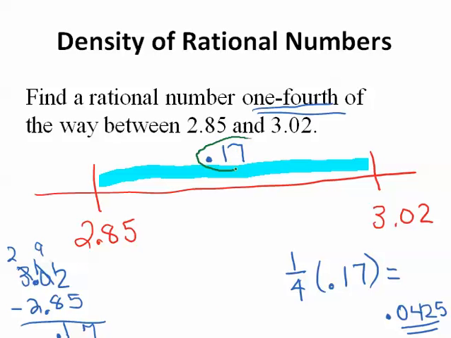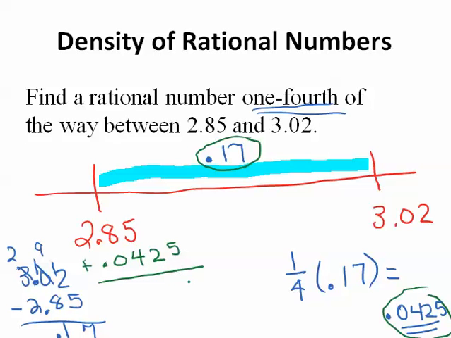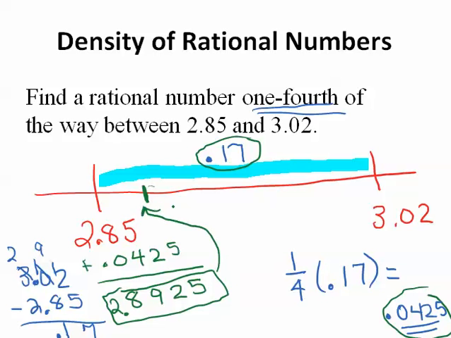The total distance is this. This is 1/4 of the distance. So we have to add that to here, and that will find us the number that is 1/4 of the way. Okay, so that ends up somewhere around here. That, my friends, is the number that is 1/4 of the way.